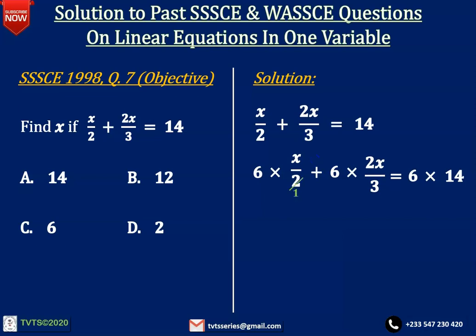Two into 6 is 3. 3 times x is 3x. Again, 3 into 6 is 2, and 2 times 2x is 4x. Finally, 6 times 14 is 84.